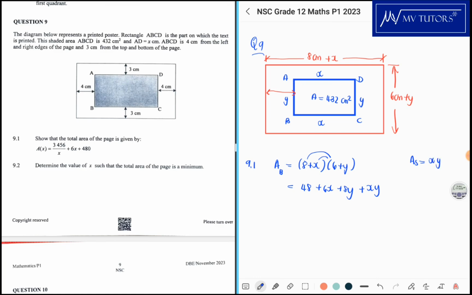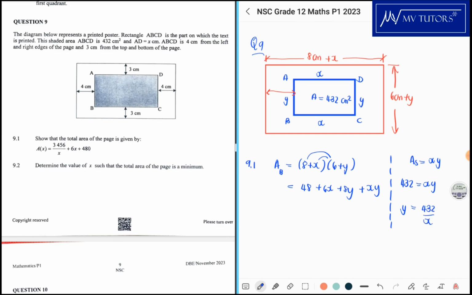They told us the area there is 432. And so now I can put this formula in terms of y, or in terms of x, but let's put it in terms of y because they didn't really say anything about y. They told us information about x. So y will be equal to 432 over x.